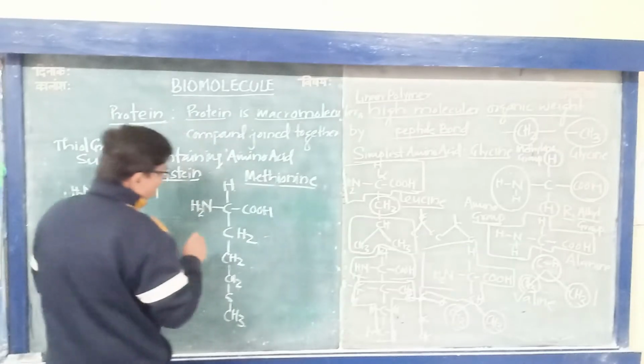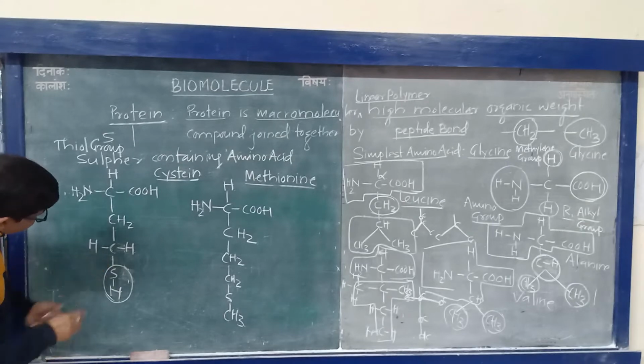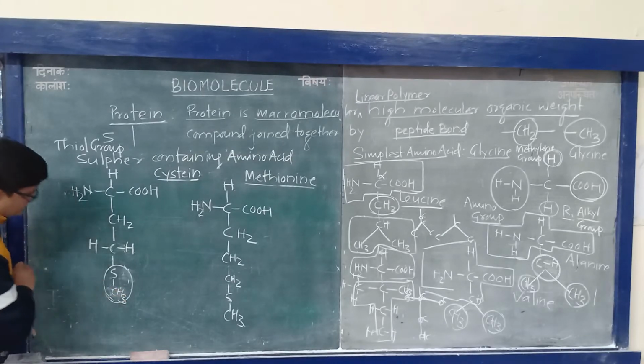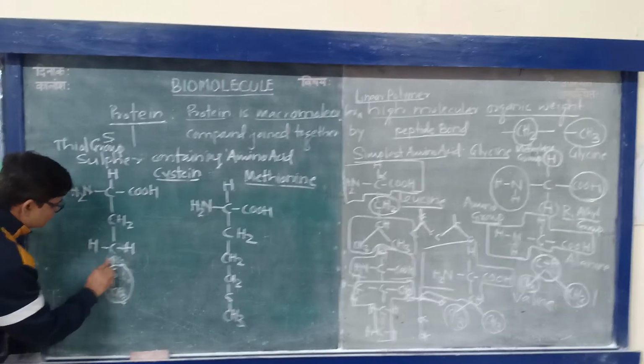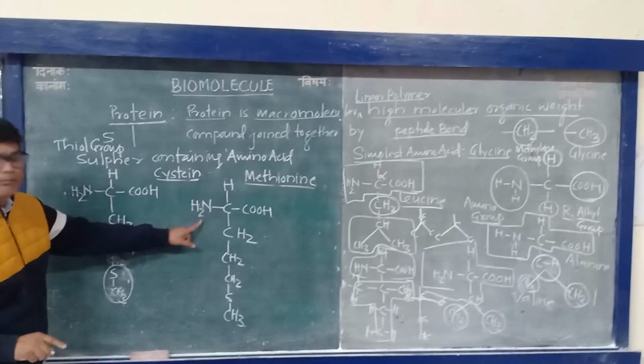You simply add one CH2 here and replace this one, and then you have to add CH3, just to convert cysteine into methionine.